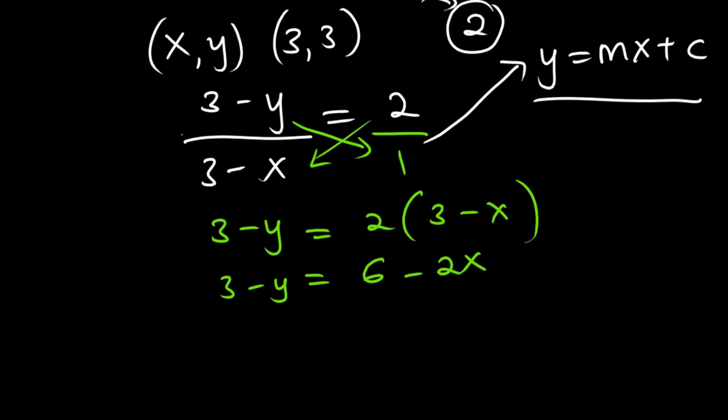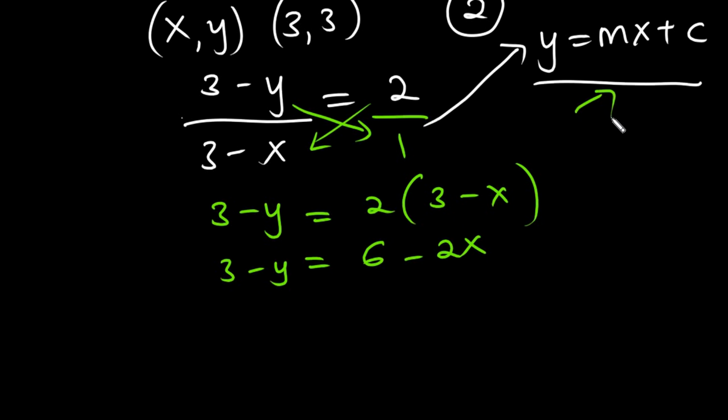Okay, still our equation is not in this form. So we need to move this 3 to the other side. If we subtract 3 on both sides, we're going to have negative y is equal to 3 minus 2x. Remember, we need y on this side, not negative y.